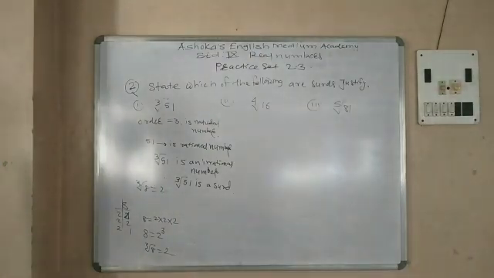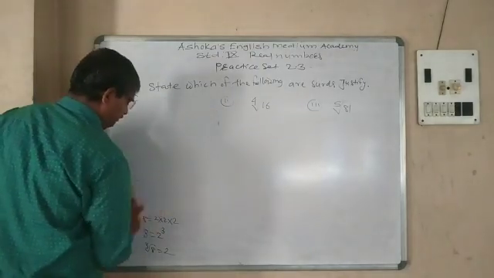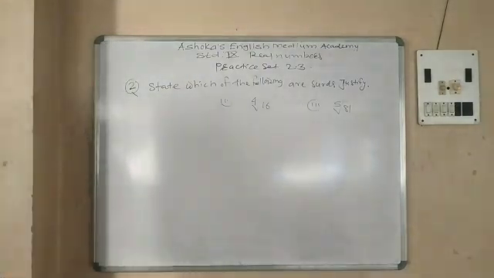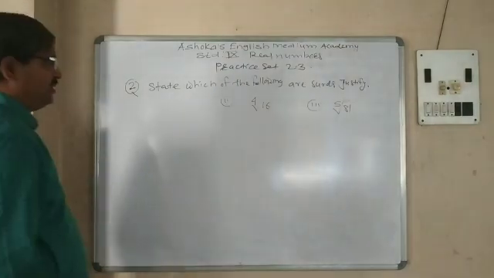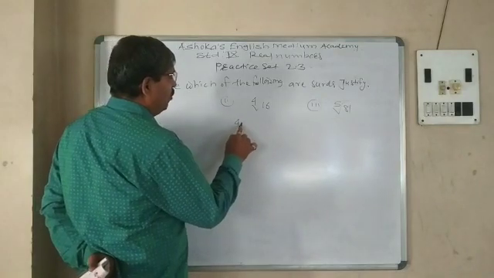Therefore, cube root of 51 is a surd. Okay? Now we will enter into the next question. What is the next question? Second number, fourth root of 16.